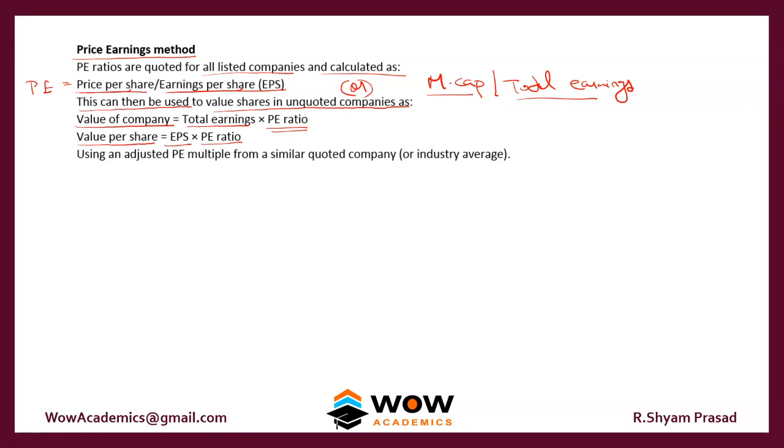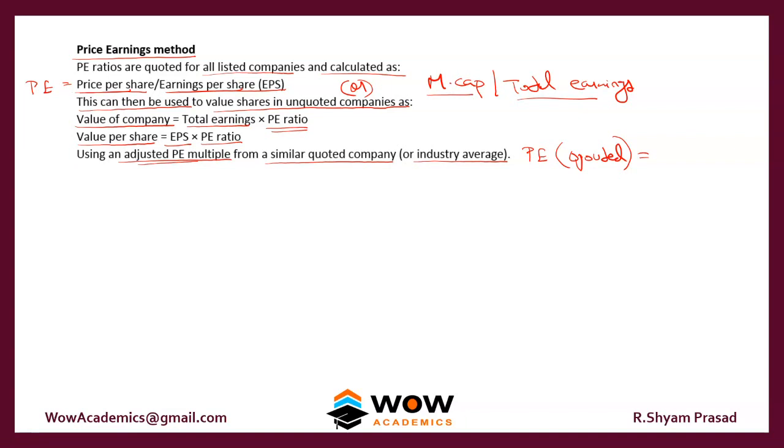Okay. So we use an adjusted PE multiple from a similar quoted company or industry average. What is an adjusted PE? Once you have got the PE number of a quoted company, that cannot be used directly.